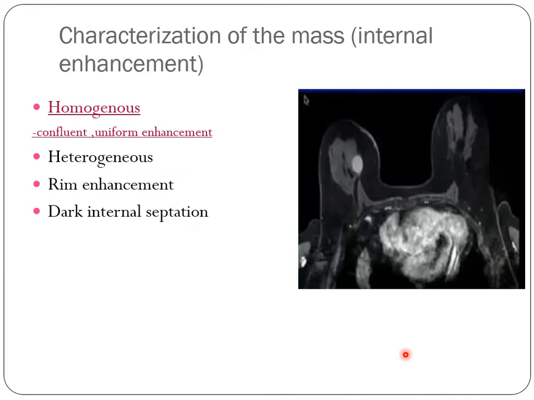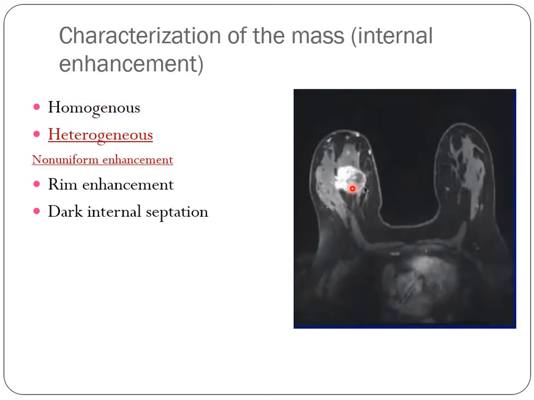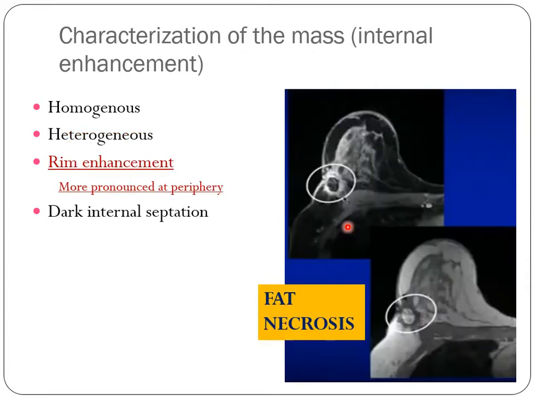The third characterization of the mass is the internal enhancement. Maybe homogeneous, as shown here in this picture, confluent uniform enhancement, or heterogeneous, as you see here in this picture, meaning non-uniform enhancement. Then the rim enhancement.